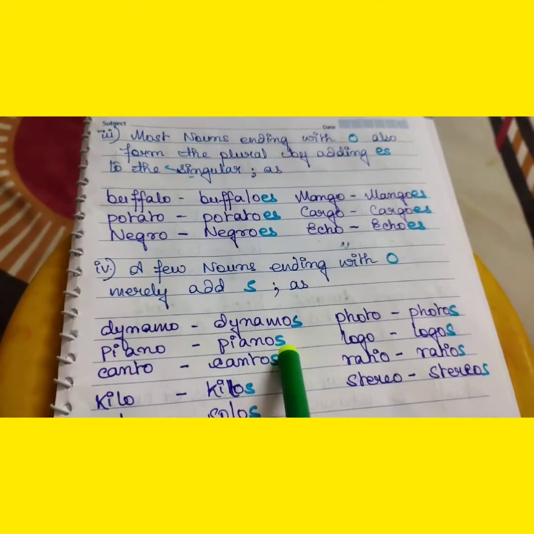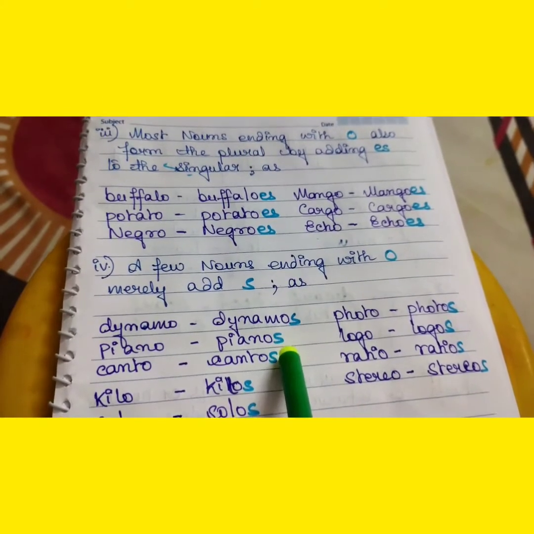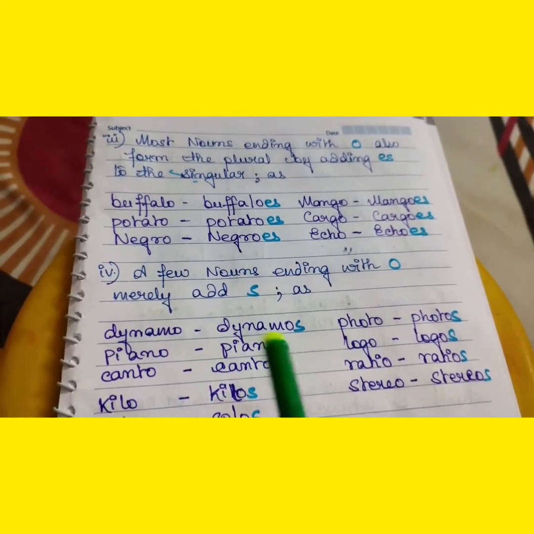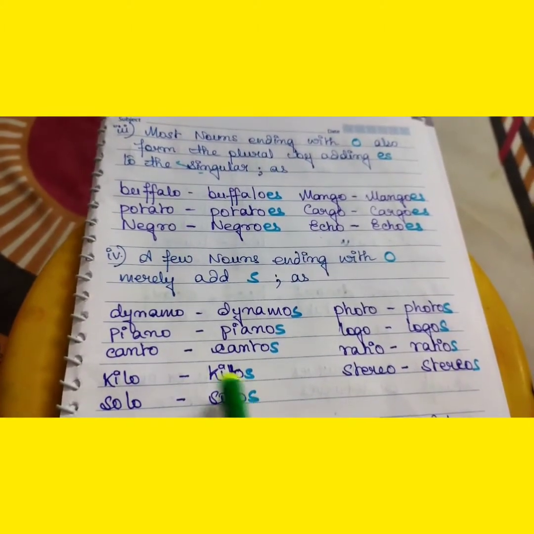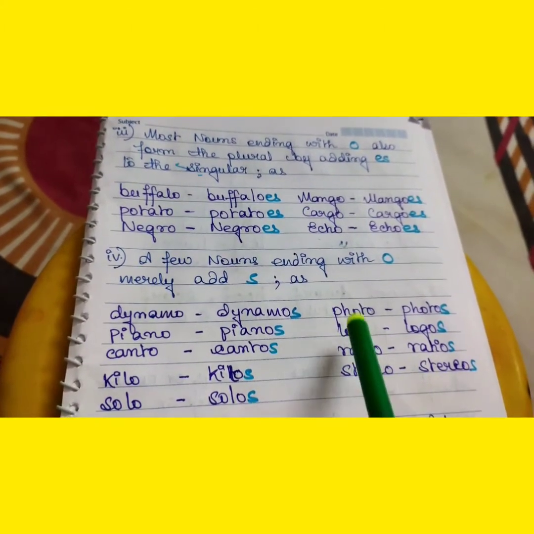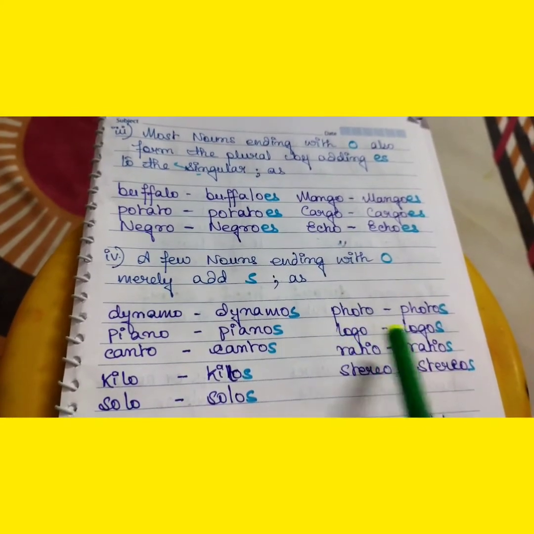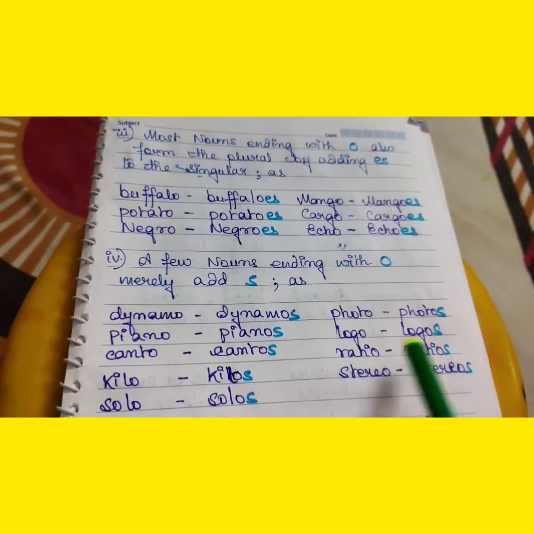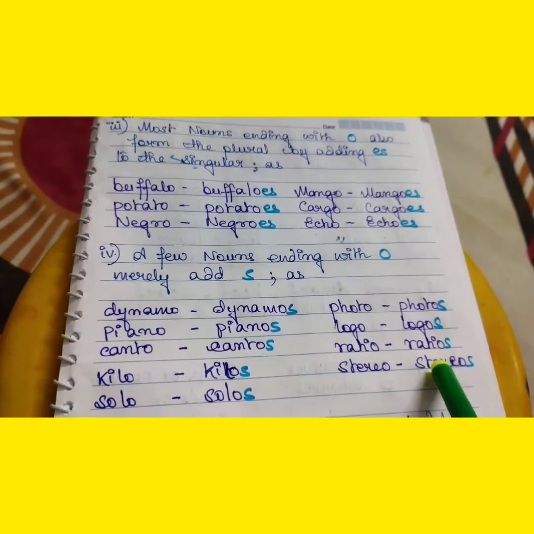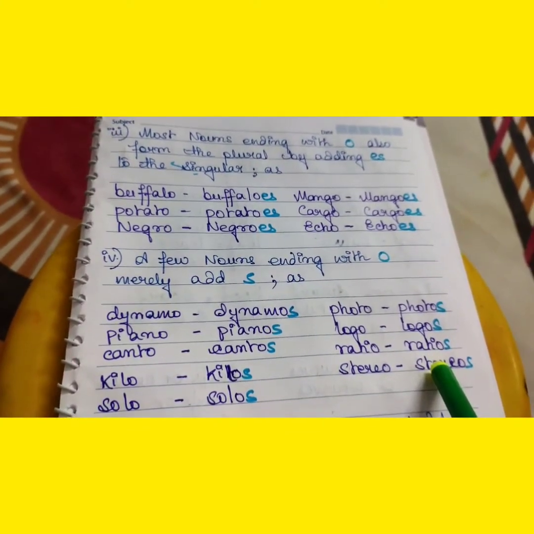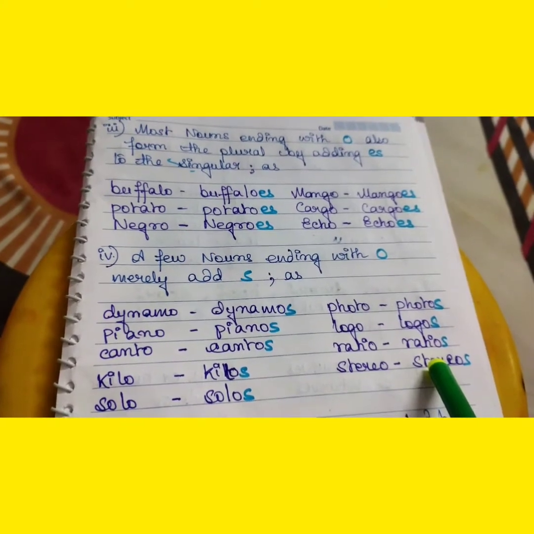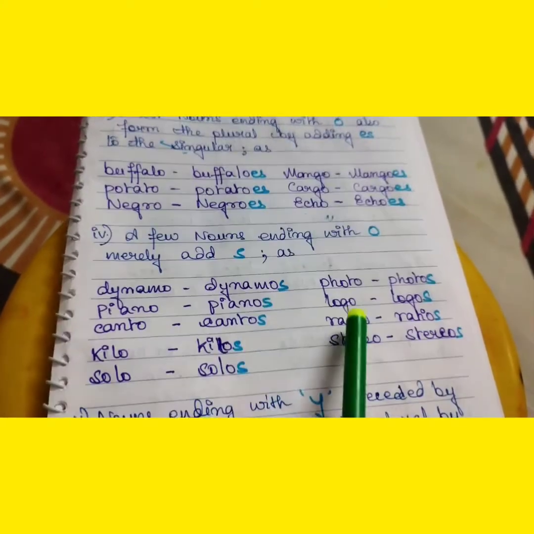Piano, it is becoming pianos, only s is getting added, not es. Canto is becoming cantos. Kilo as kilos. Solo as solos. Photo as photos. Logo as logos. Ratio as ratios. Stereo as stereos. So we have learned till 4 formulas. Let's go to the next formula.